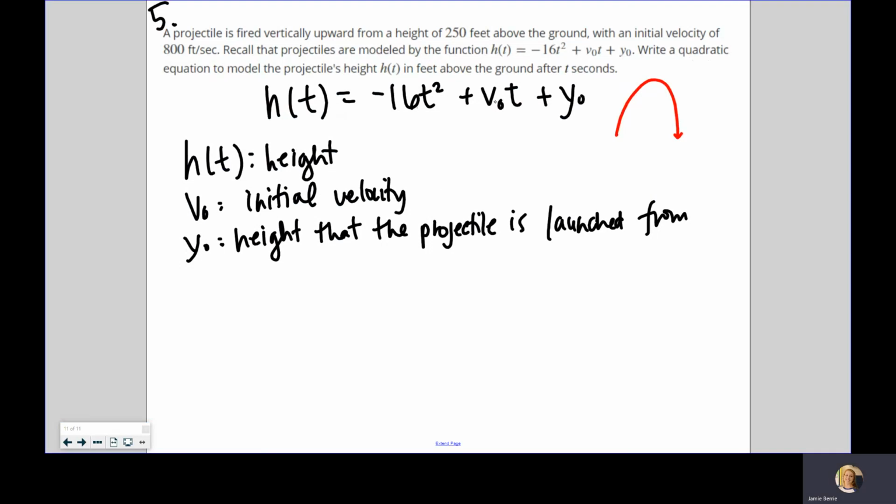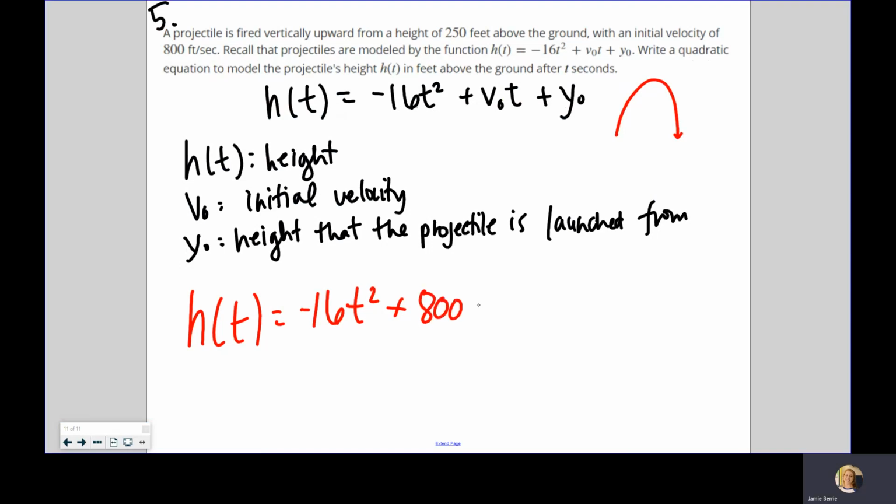All we have to do here is just plug in what our initial velocity is and what the height that the projectile was launched from was. So very simple. We have h of t equals, this part stays the same, negative 16t squared, plus the initial velocity was 800 feet per second.